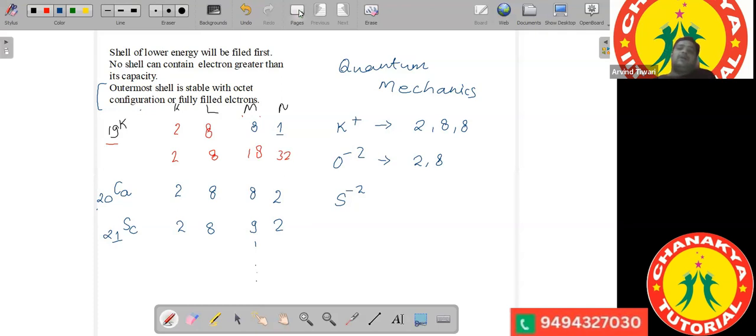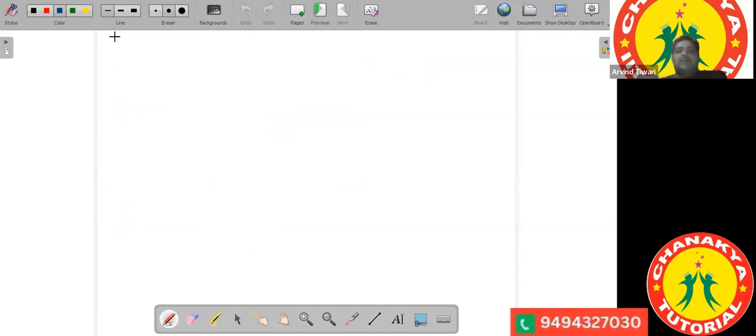So if you look up here, suppose I discuss hydrogen, helium, lithium, beryllium, boron, carbon, nitrogen, oxygen, fluorine, neon. I am discussing now these elements. Hydrogen is number 1, 2, 3, 4, 5, 6, 7, 8, 9, and 10.